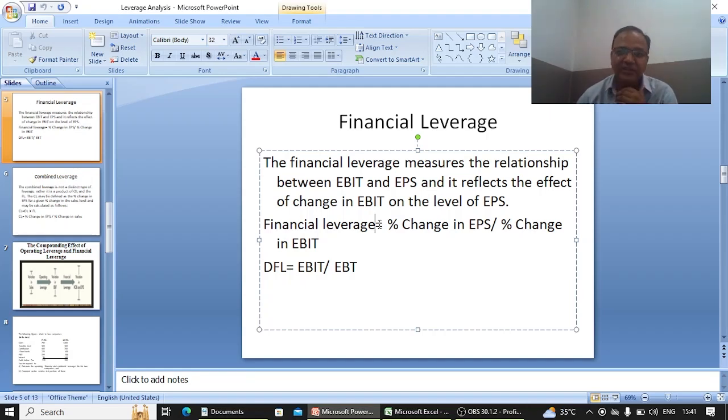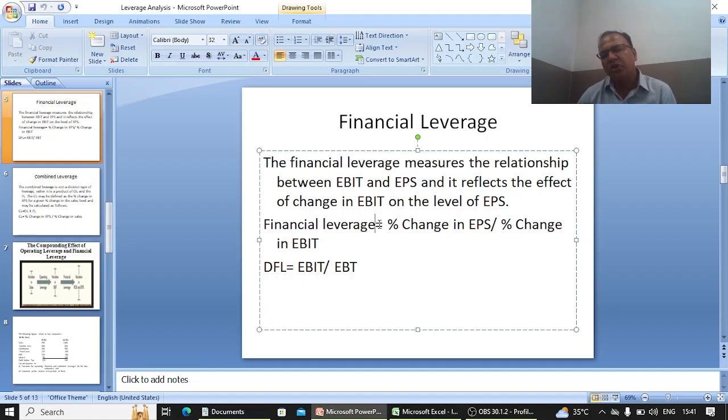Now, what is the effect of financial leverage and operating leverage? As I have discussed, the effect of operating leverage is on EBIT especially, and the effect of financial leverage is on EPS actually. So what is the suggestion for the organization?